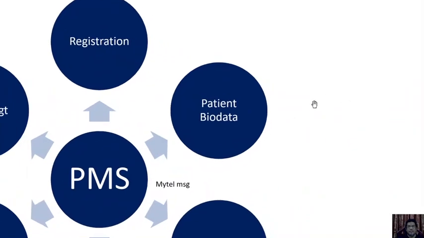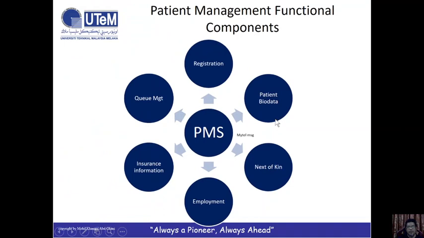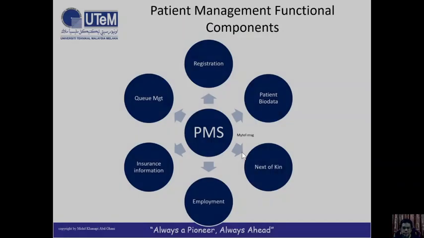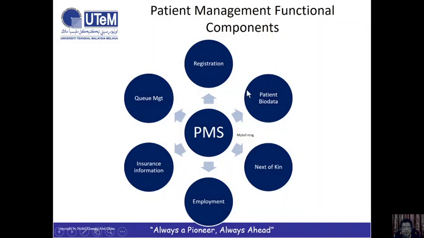So this is a tip on how you model the functionality. And then from the functional component of the patient management, you start to discover what are the information involved in the patient master information. Example, patient biodata. What is the information required in this entity, for example?